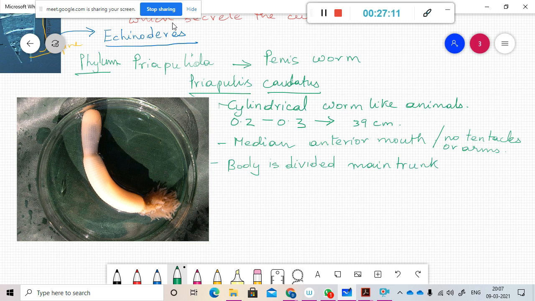As you can see, this is the main trunk. Their main trunk is also known as the abdomen.